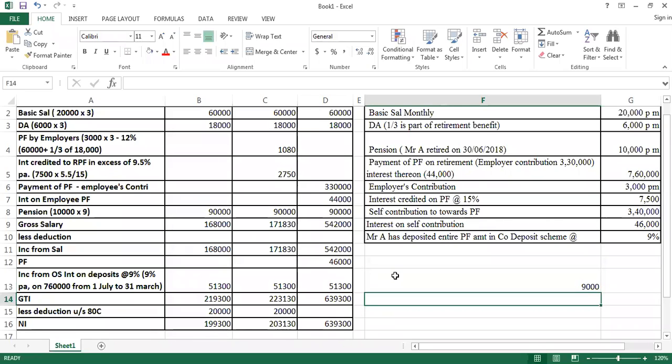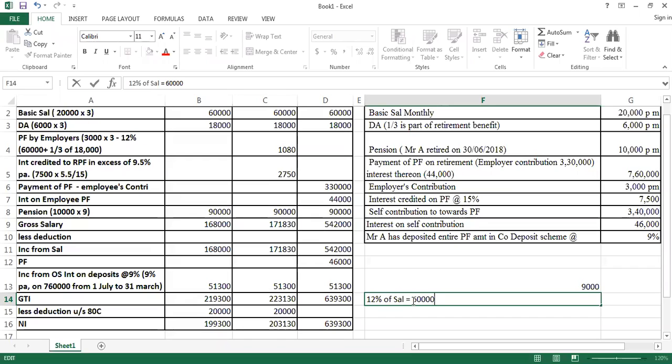Now we have to check whether this 9,000 that the employer has paid is 12% of salary. What is salary for us? Salary is whatever salary he has received in those 3 months.